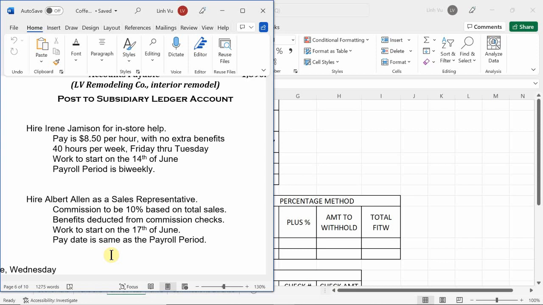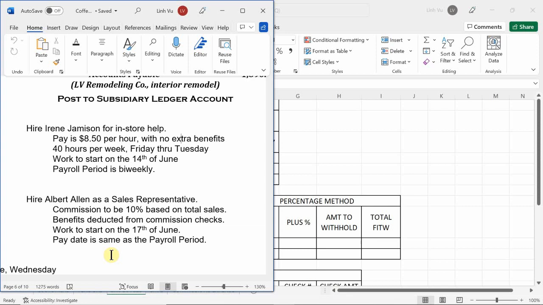So that means he's only going to start his job when we open the store as of June 17th, okay? And of course, he's going to get paid the same time as anybody that's on the payroll process, which is going to be bi-weekly. So that means he's not going to receive his check until the 14th or the 28th. So in this case, the 28th is when he's going to receive his first check.